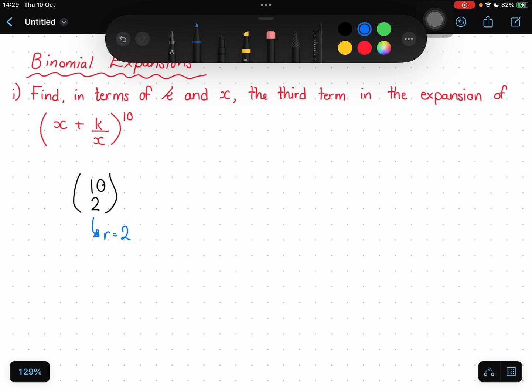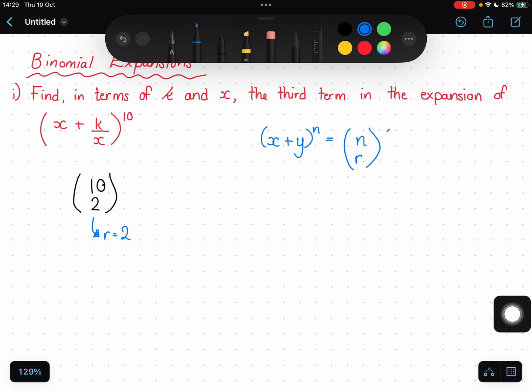So in our general terms expansion, if I have something like x plus y to the power of n, any term in that is going to be n choose r, so 1 less than whatever, so third term r is going to be 2.